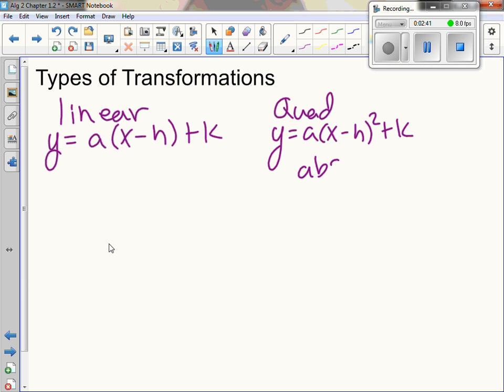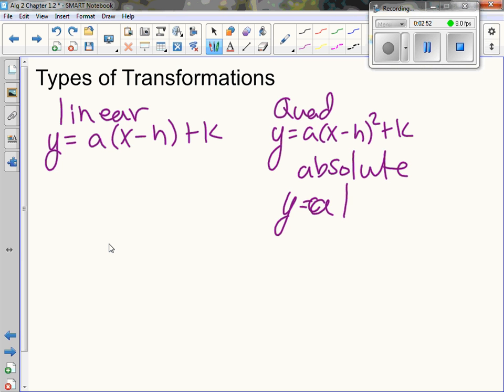And our absolute value function was y equals a times the absolute value of x minus h, plus k. We went over these some yesterday, and again, we'll go over what the values mean today.